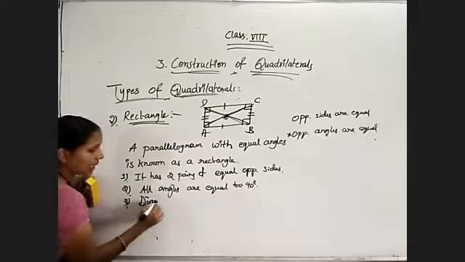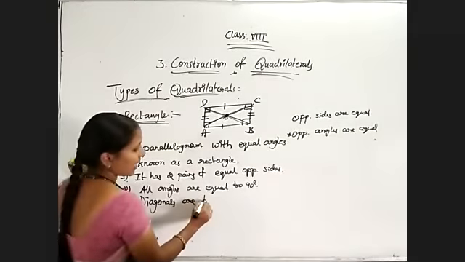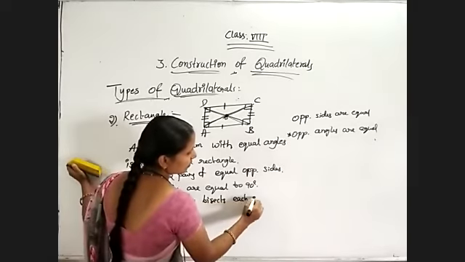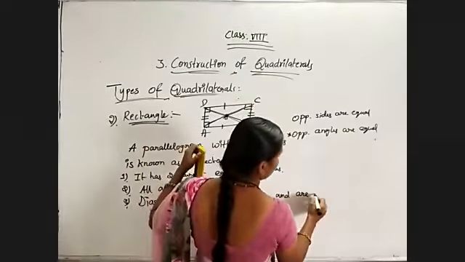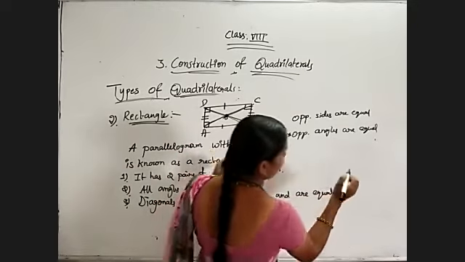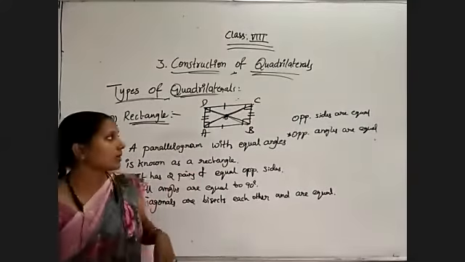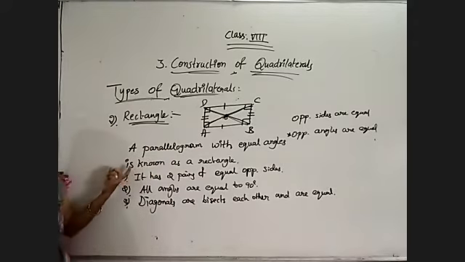So diagonals bisect each other and are equal for a rectangle. But a parallelogram will not get equal diagonals. So remember this. A parallelogram with equal angles is known as a rectangle.